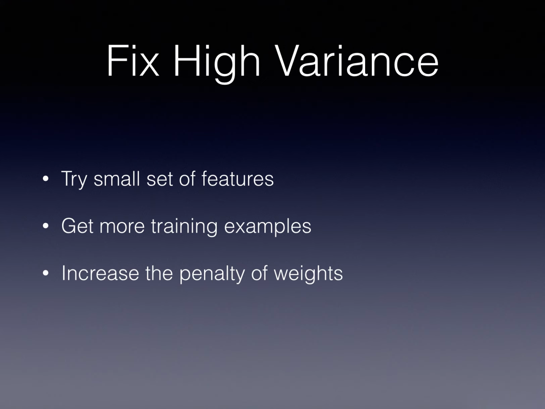The first step is to try a smaller set of features, because here we have 41 features, and actually this is very large, and some of the features are correspondingly less useful. So we need to reduce the feature space to reduce the variance.